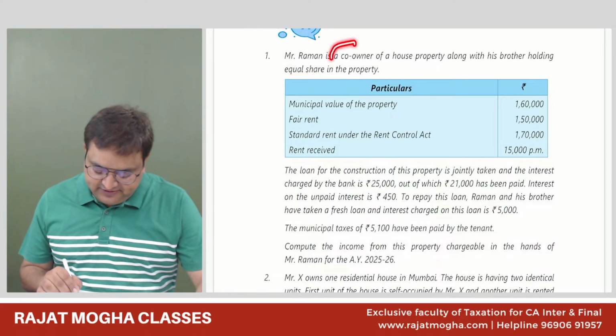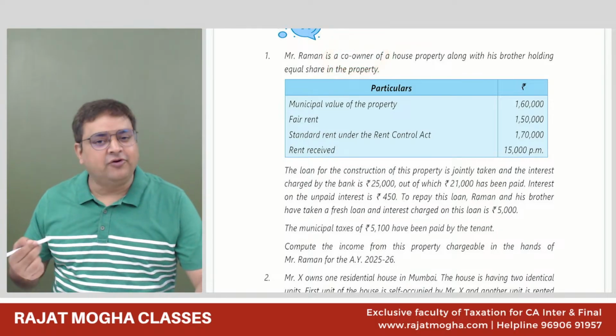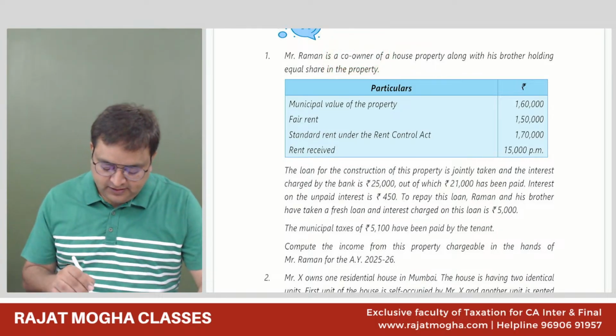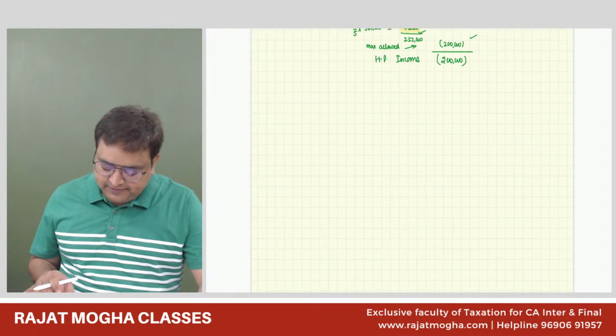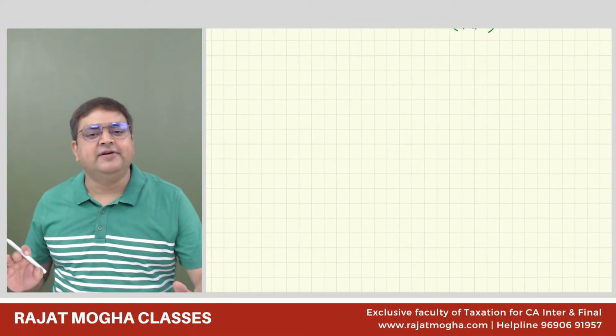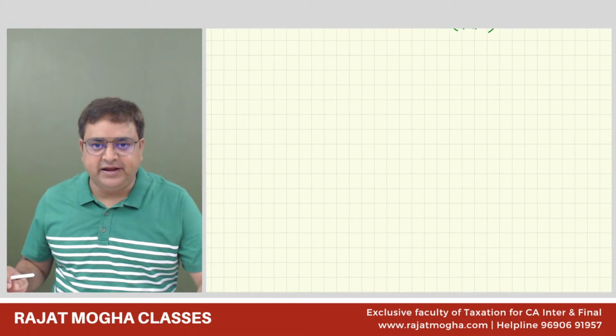Guys, these co-owner questions are a little important from the examination point of view. See, for co-ownership, there is section 26. Even if you don't remember the section number, that is perfectly fine.